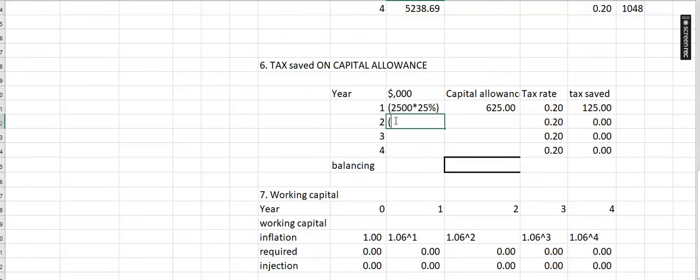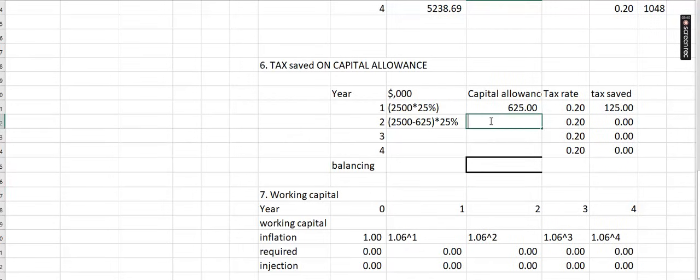It will be the cost minus the depreciation now, which is 625, then times 25%. That's reducing balance. But we have got a shortcut. Let's find the answer first: 2.5 million minus 625, times 25%. So you have 468.75.